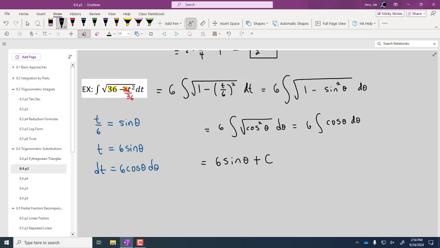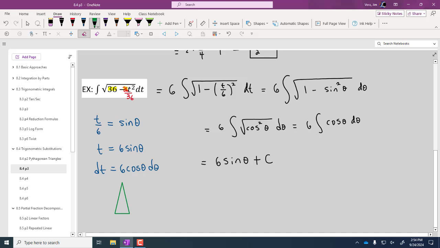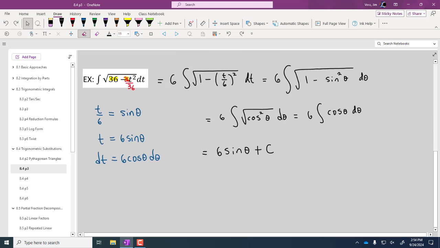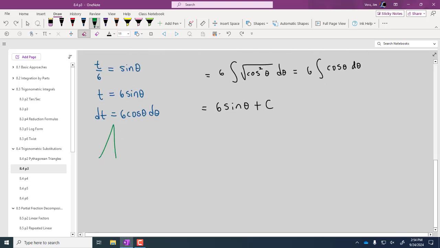Now in this case, we don't actually need to build the triangle because this one is simple enough that it's just got the sine in it. Let's build the triangle just in case though, so that you can see what we would get. Our triangle, we always build it like it's in quadrant 1, where we think of theta down here, and sine is going to be t divided by 6.